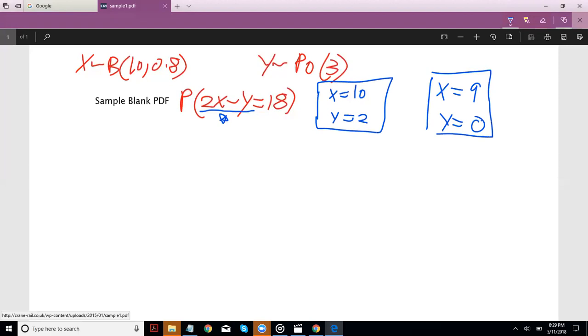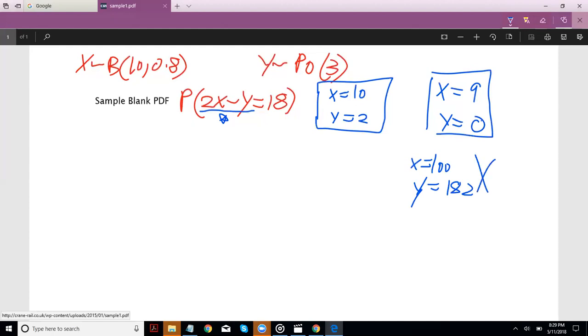Now, some of you might be thinking that it's just one equation, so you would have infinite combinations of x and y that would give you 18. For example, if x was 100 and y was, let's say, 182, that should give you 18, right?